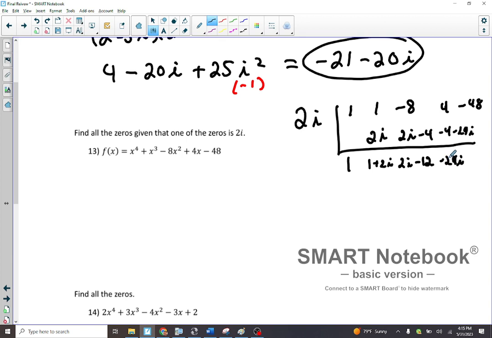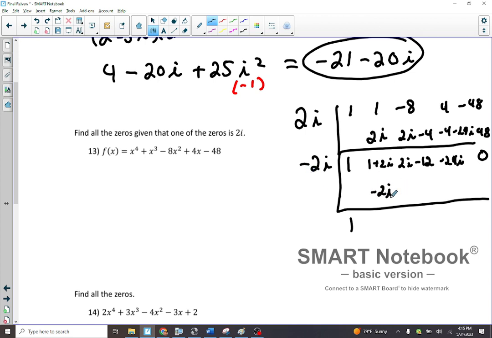Negative 24i times 2i is going to be negative 48i squared, or positive 48, which means this is 0. You know you did it correctly in this case, because I told you it's 0, that you ended up with a 0 at the end. Now, with every i, you also have the opposite i, which is the negative 2i. So you're basically doing the same thing, but with negative 2i. So it's 1 multiplied by negative 2i.